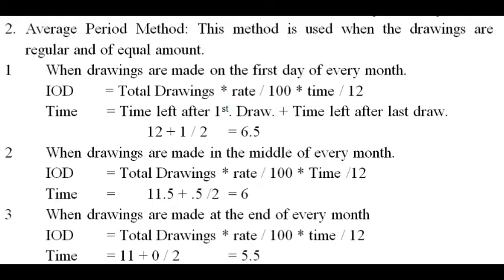That means how many months remaining till 31st March? 12 months. Last drawing was made on 1st March. How many months remaining? Only 1 month. So 12 plus 1 divided by 2. So time is 6.5. So this 6.5 is very important when average period method is calculated.